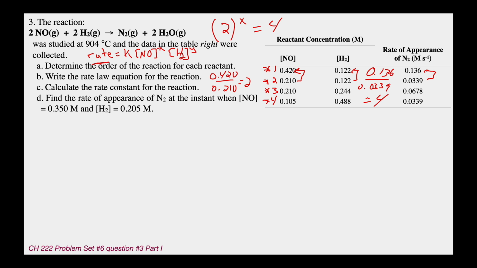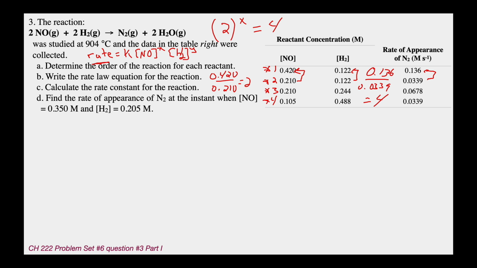That's not going to happen. On the other hand, if X is 2, 2 squared equals 4. It looks like NO is a second order reactant, all right? And we know that because we doubled NO, the rate went up by 4 times, 2 to the X equals 4, X here is going to be 2.